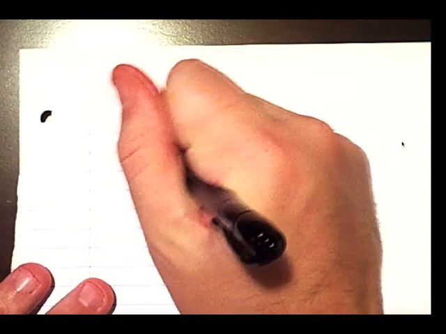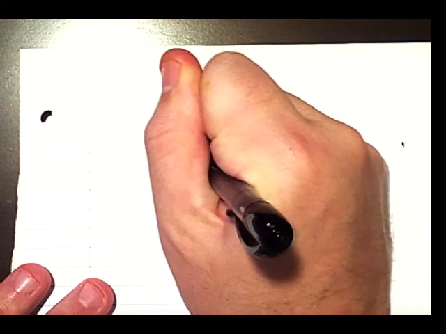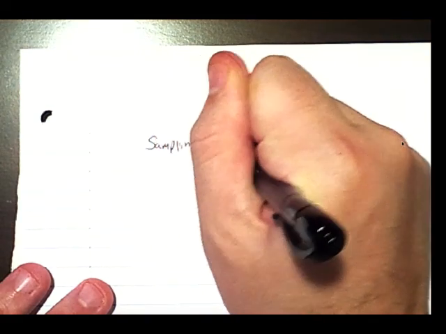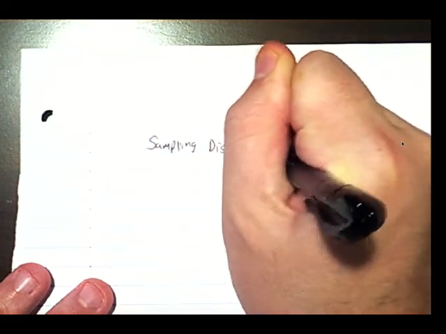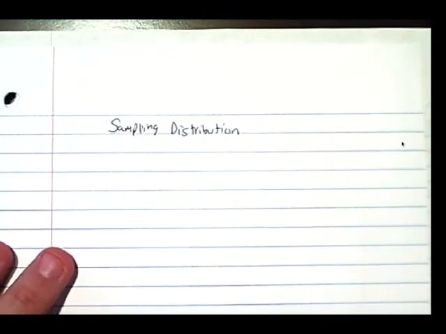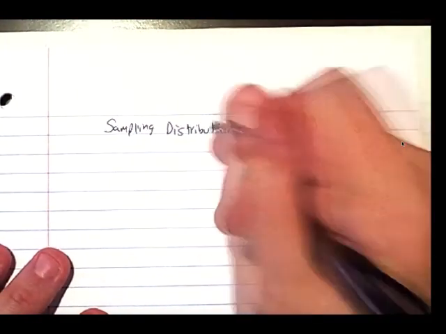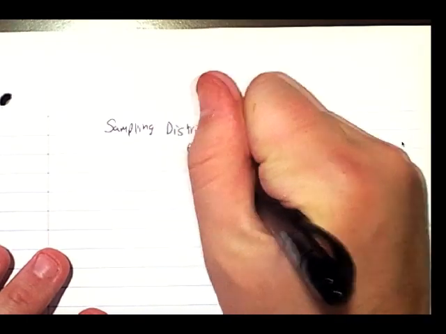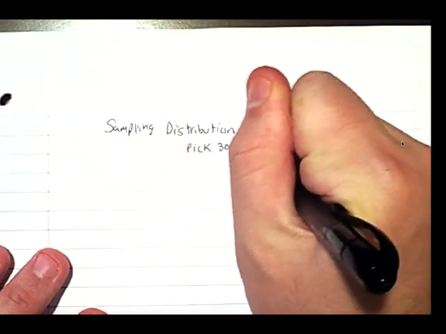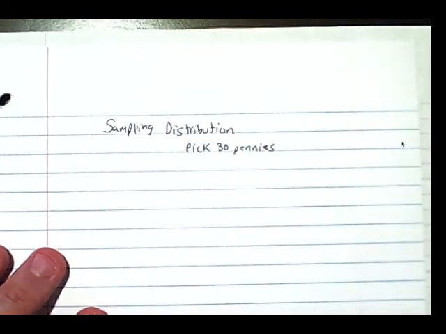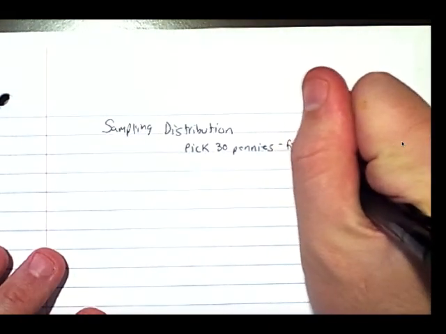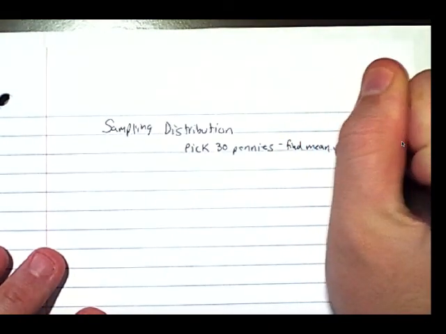When I talk about a sampling distribution, I'm going to refer back to our penny example. In one of our graphs that we've been making over the semester, I tell you to pick 30 pennies, and find the mean year.